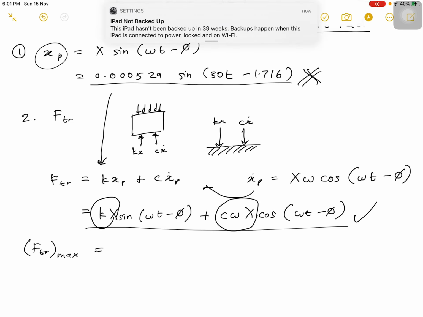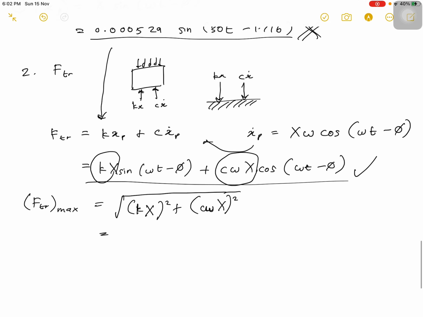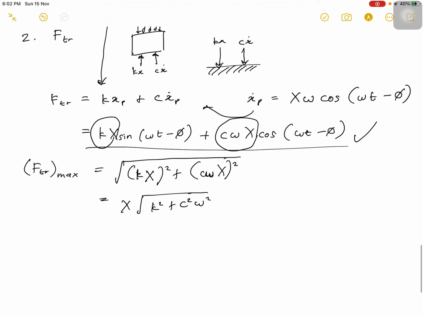We are using the Pythagoras theorem. So (kx) squared plus (c omega x) squared, and we can simplify it. We can take out x: x times the square root of k squared plus c squared omega squared.